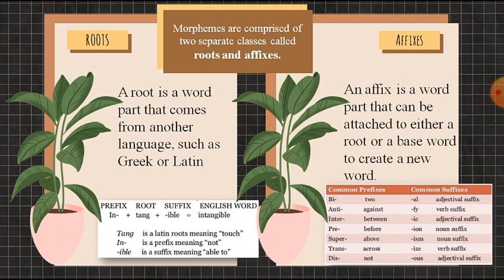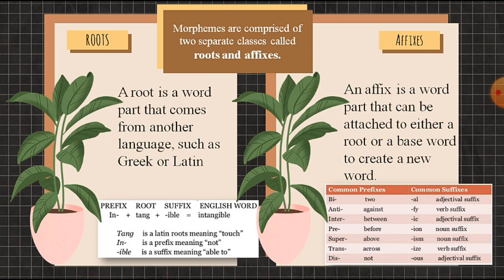Roots. Here is an example, the word intangible. Here in is the prefix, tang is the root, and able is the suffix. Before I explain the example, I'm going to tell you about the prefix and suffix. What are prefix and suffix?